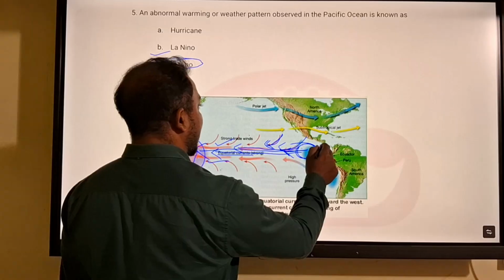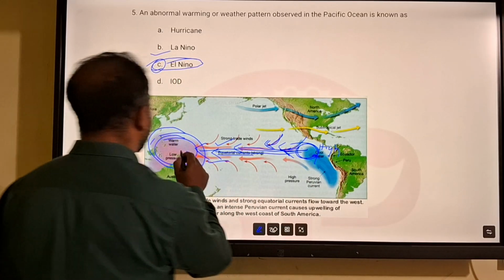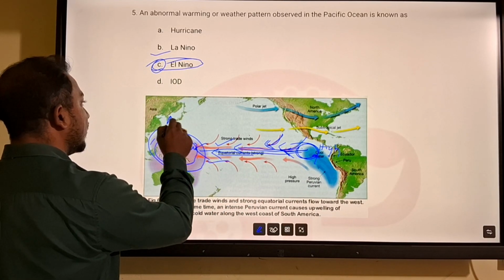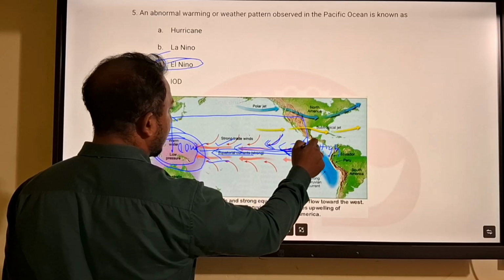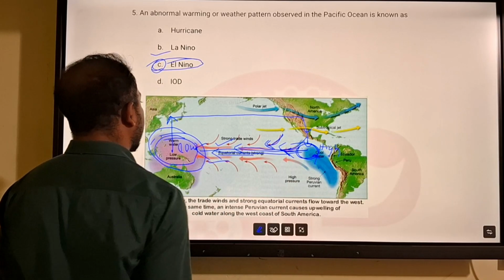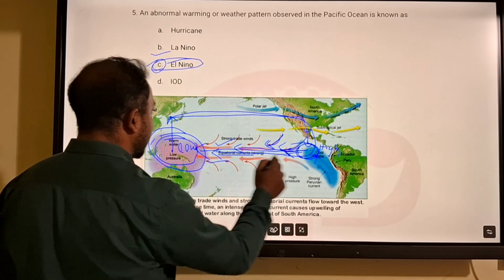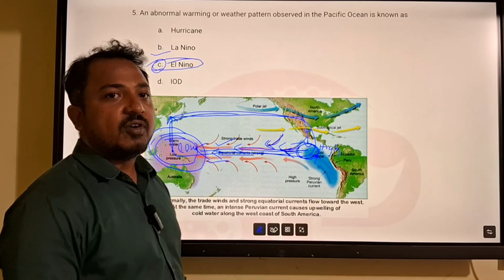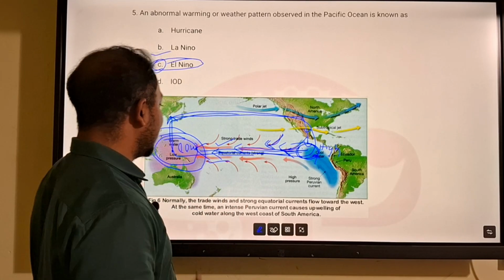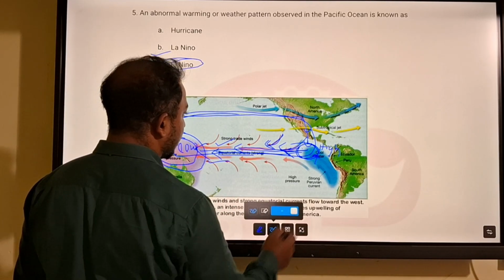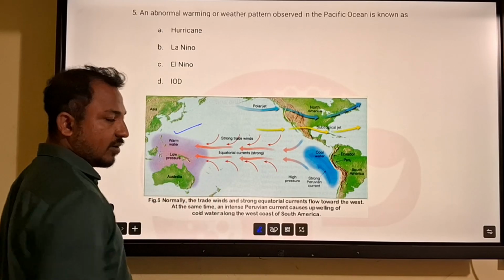This region becomes high pressure, this region becomes low pressure. So air will rise here, gradually move, then fall here. It produces a circulation like this, which is called Walker circulation. This is during normal condition, where there will be rainfall here.